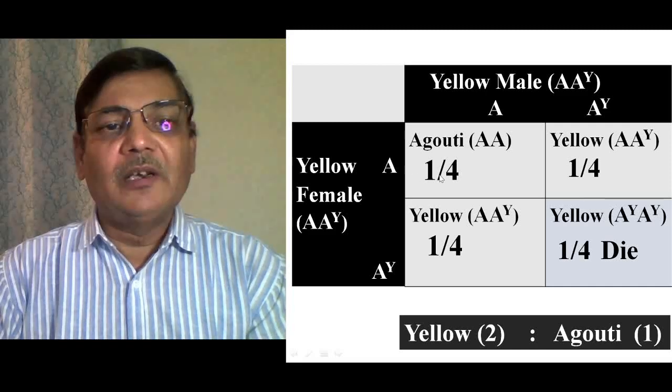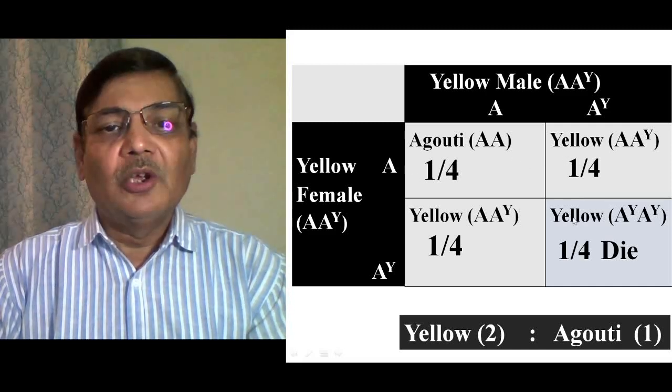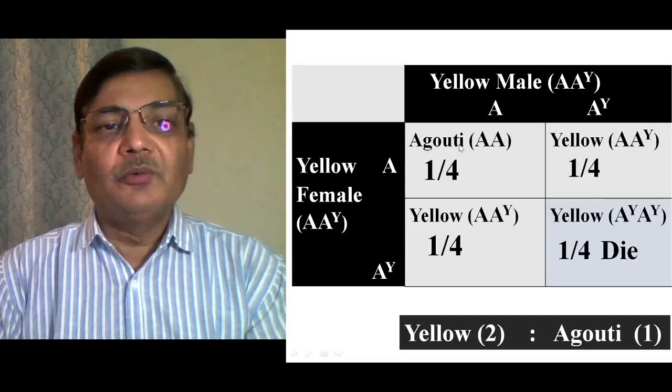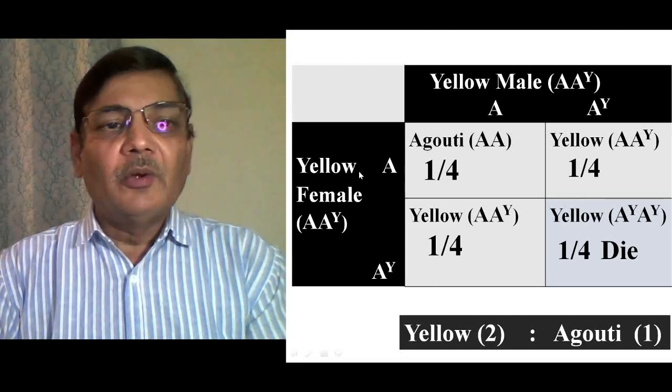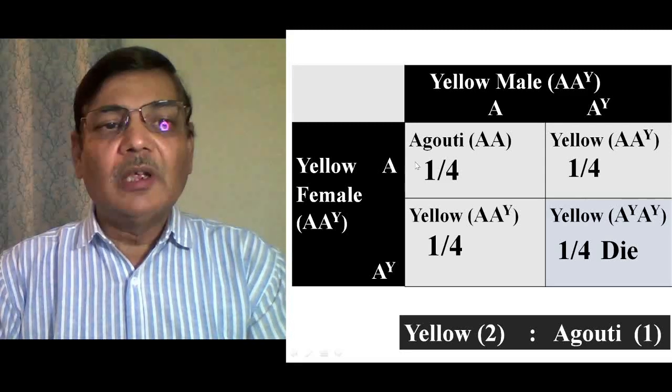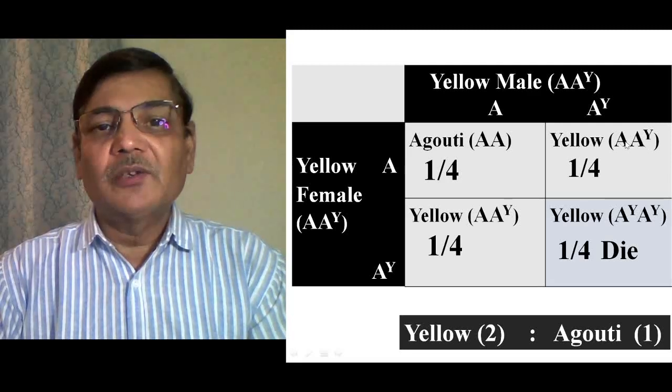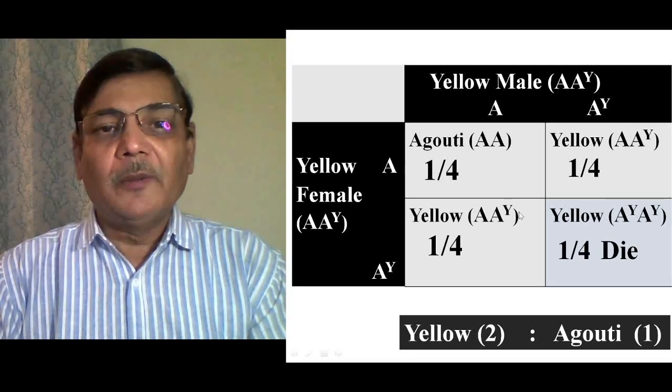As a result, these four Punnett squares are shown to display the fertilization pattern. If an egg containing the A allele gets fertilized by a sperm with A, then the genotype will be AA and such an individual will be agouti. Now if an egg with the A allele gets fertilized with AY, then the phenotype will be yellow, and the individual will be heterozygous with genotype AAY.